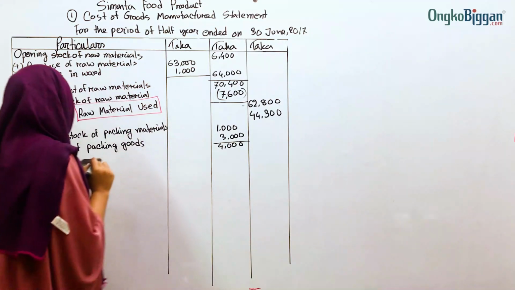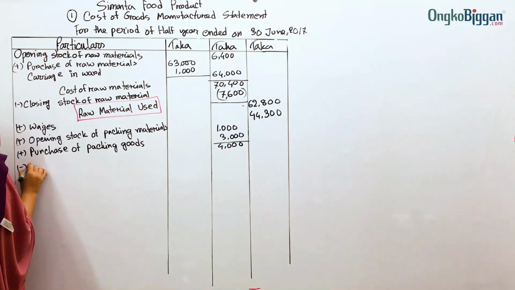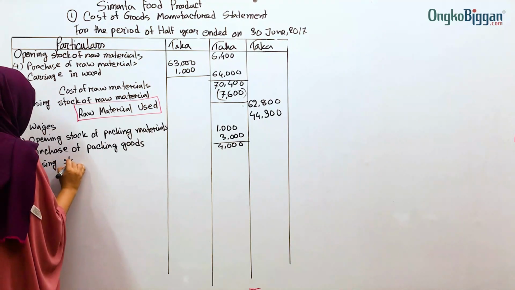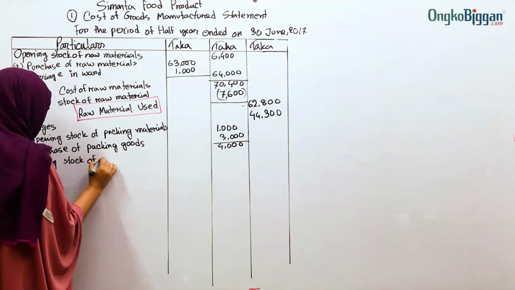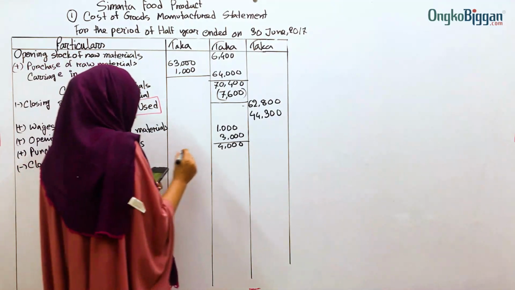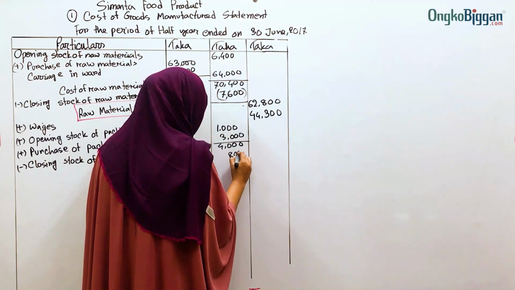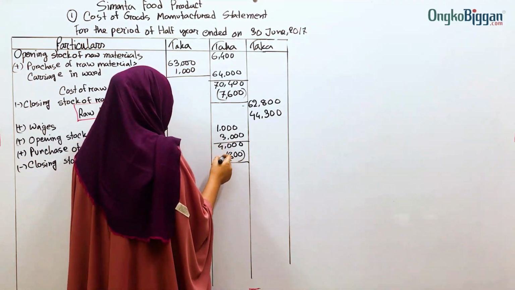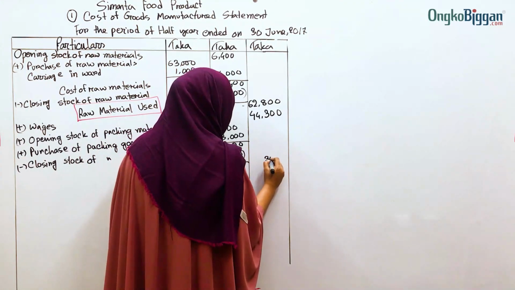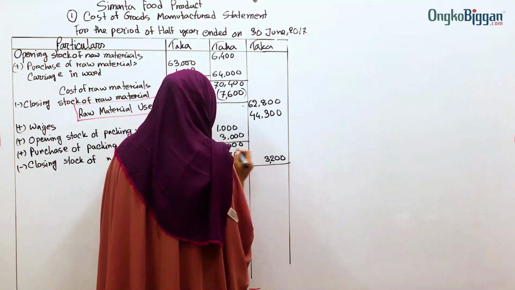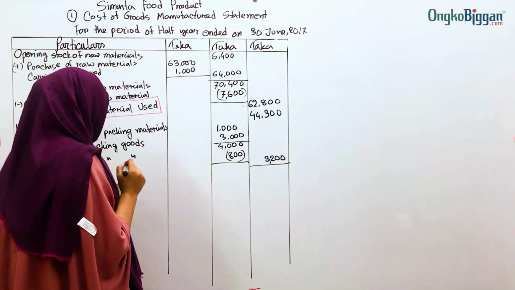And after that I will subtract the closing one. Closing stock of packing goods actually comes out 800. So 4,000 minus 800 comes out 3,200.